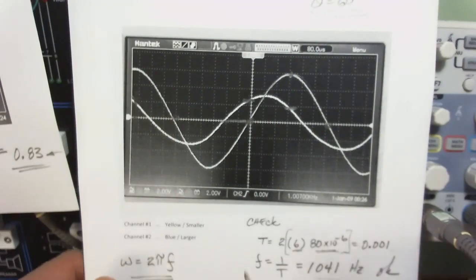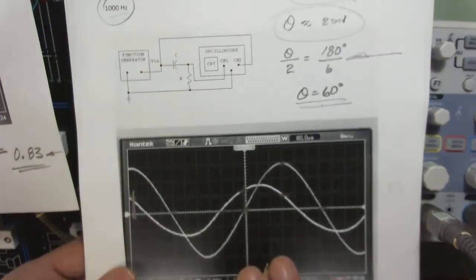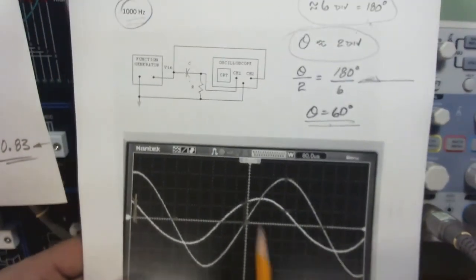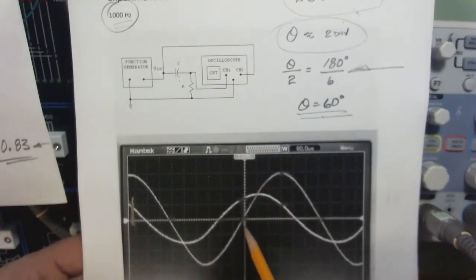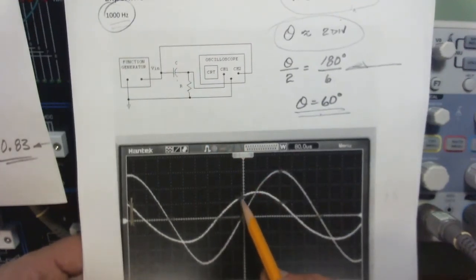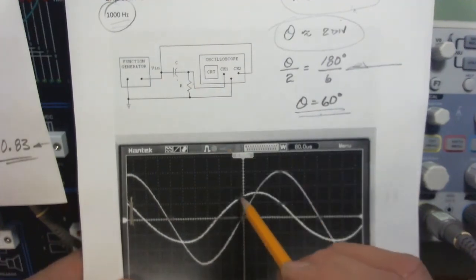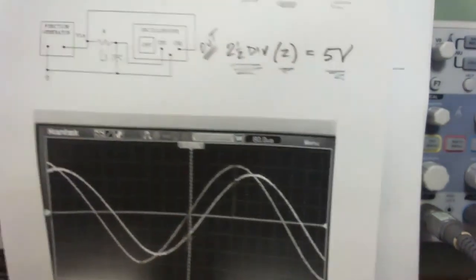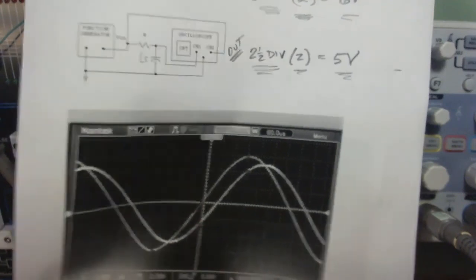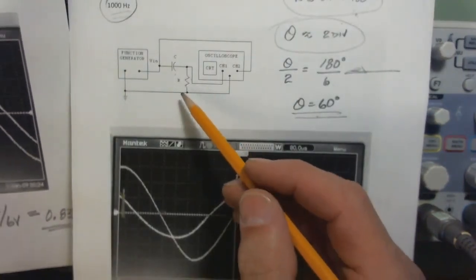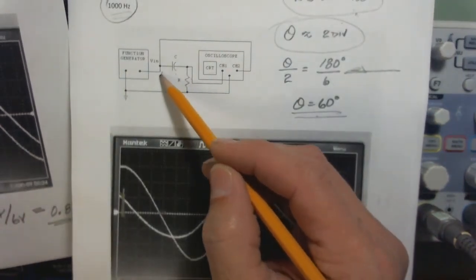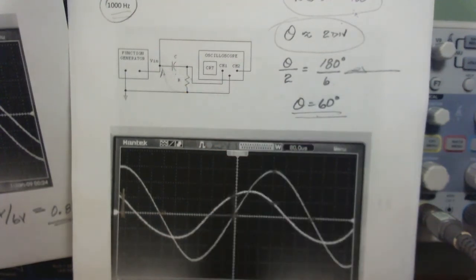This one is the voltage across our resistor, because this is channel 2, that's measuring the voltage across the resistor. So when I add this wave here to that wave there, I am getting the total across this thing.